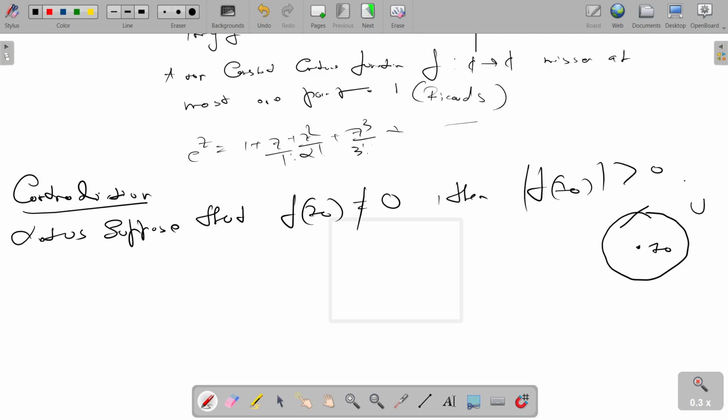And let's say this is some point, an arbitrary z, which belongs to this. So if f(z) is not equal to 0, then this will be greater than 0.